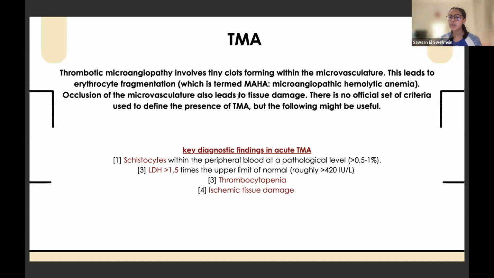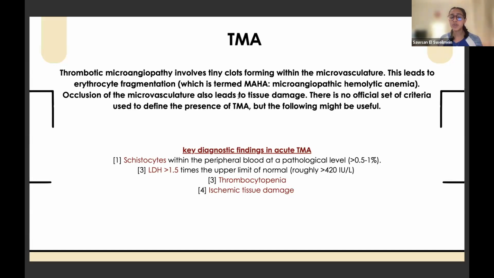That's why, in our patient's case, given her lab findings, and she came with altered mental status, she had mildly elevated creatinine, we were highly concerned of a TMA process. In order to diagnose an acute TMA, usually the key diagnostic findings are the presence of schistocytes, elevated LDH, thrombocytopenia, and ischemic tissue damage.